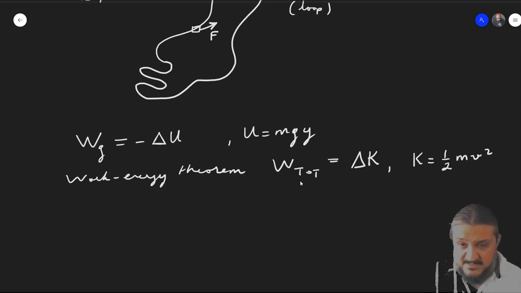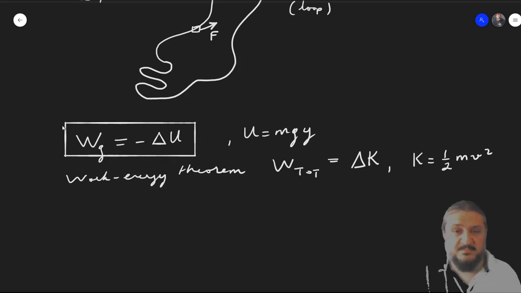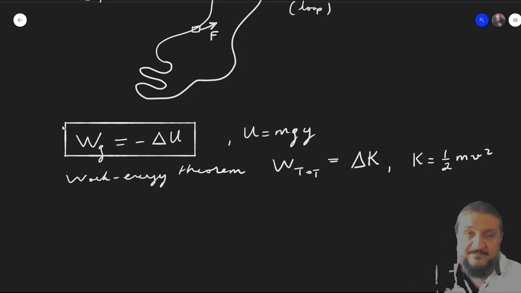So take this work energy theorem and use it in this general form we found from the simple example of a free fall. Okay? Now, a free fall, by definition, means the only force on the object is gravity.